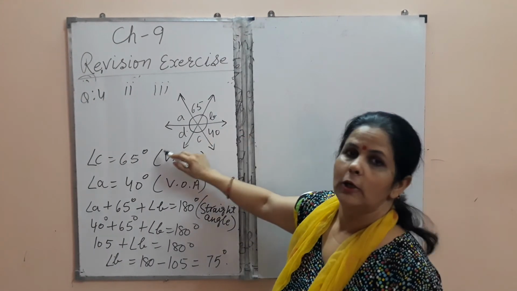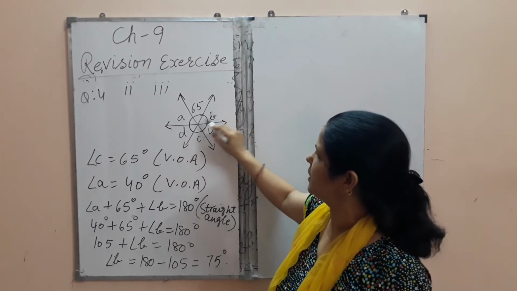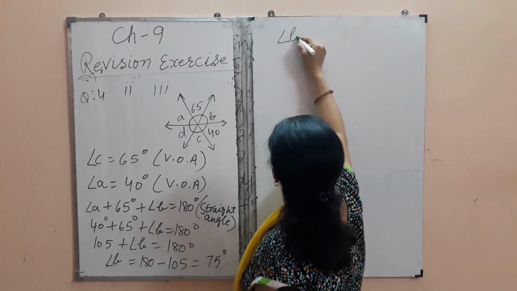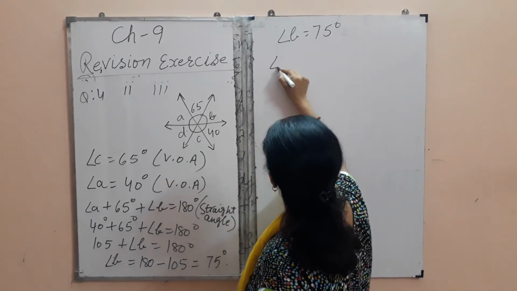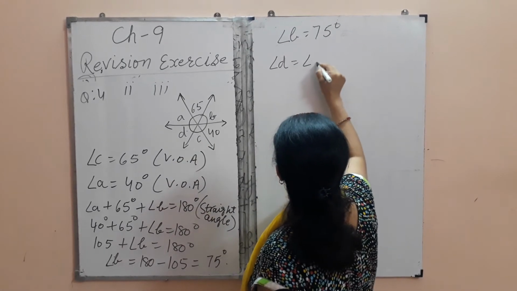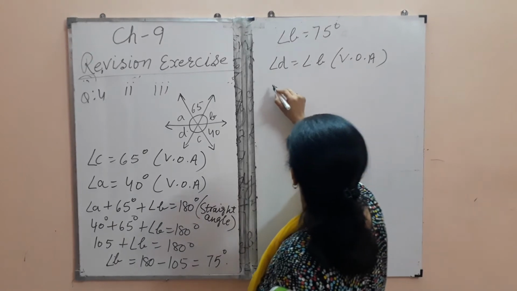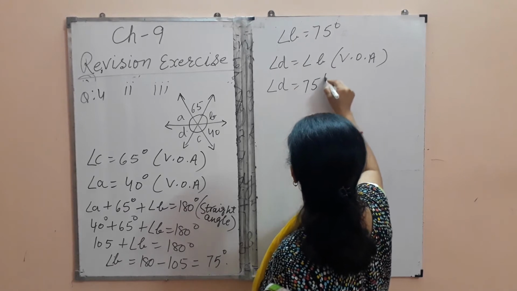Now B and D both are forming the linear pair, vertically opposite pair. So angle B equals to 75 degree and angle D equals to angle B, vertically opposite angles. So angle D will be, value of B is 75 degree.